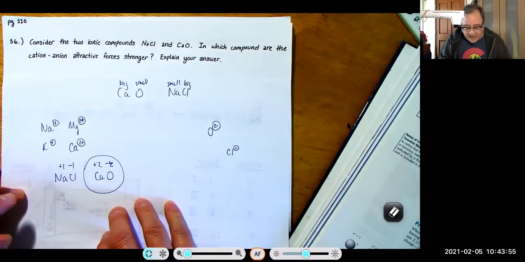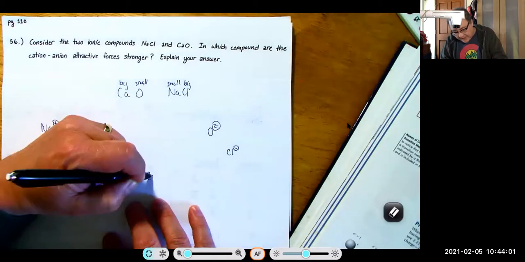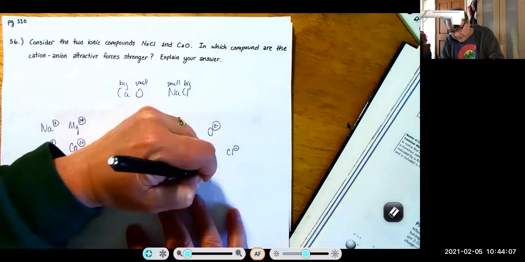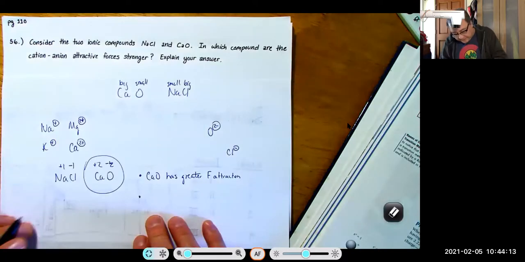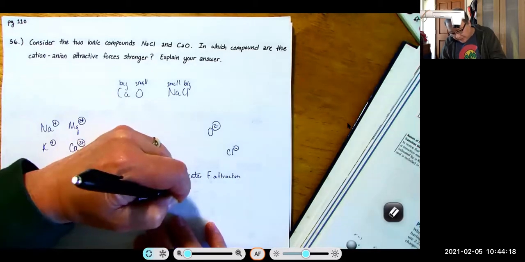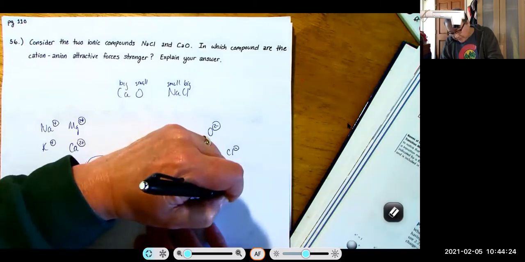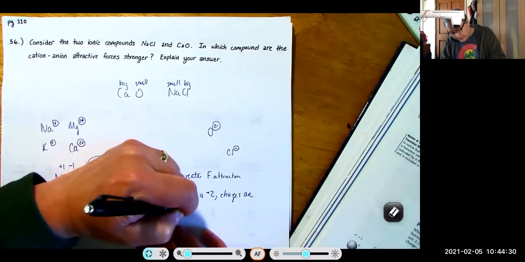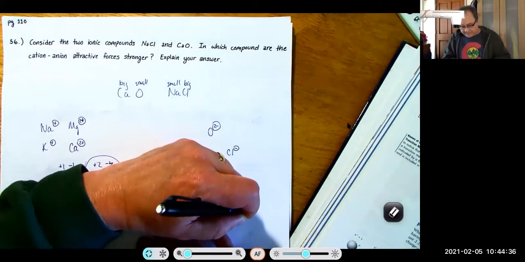So any questions about why calcium oxide would have a greater force of attraction? You'd say, one, calcium oxide has a greater force of attraction, and the reason is because calcium is +2 and oxygen is -2, and the charges are greater than those of sodium +1 and chloride -1.